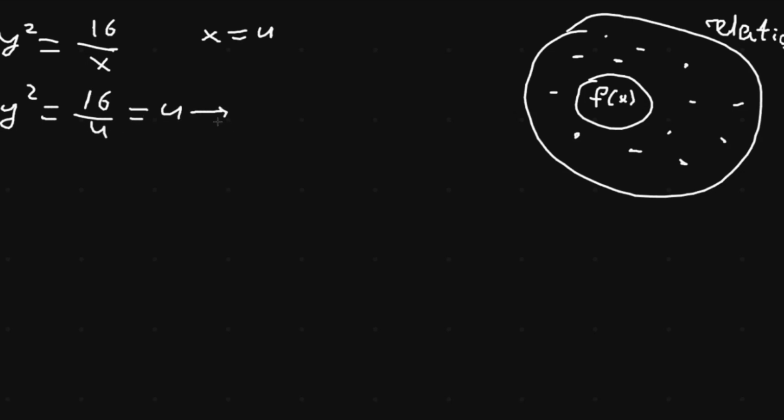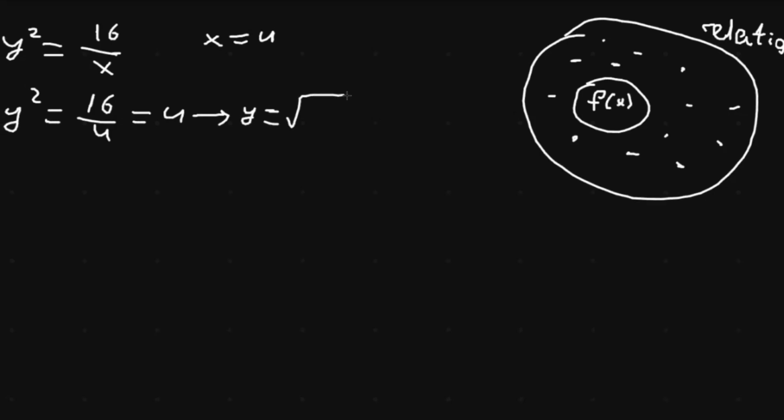And from that we get that y is equal to the square root of 4, and this is plus or minus 2. So for x equal to 4, we get y equal to 2 or y equal to minus 2. So for one input 4, we got two numbers, positive and negative 2. And this is not a function, but a relation.